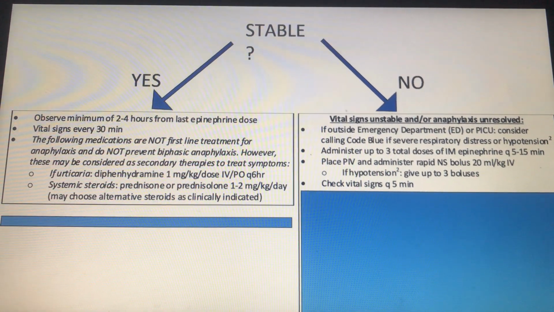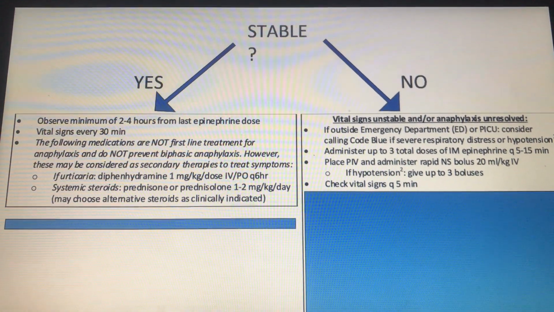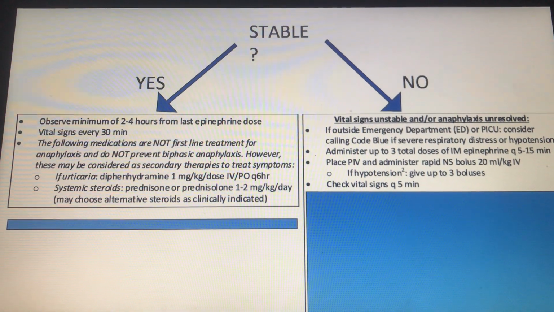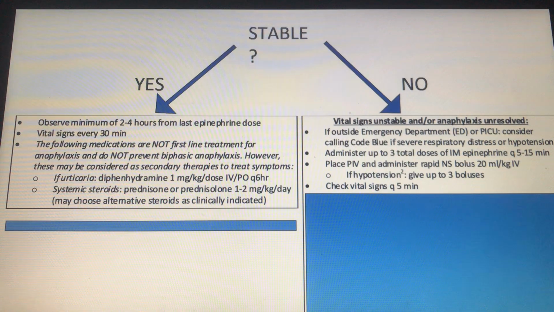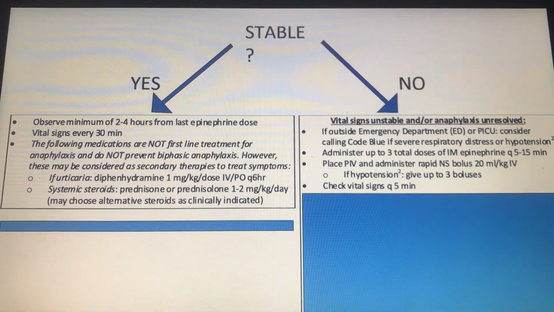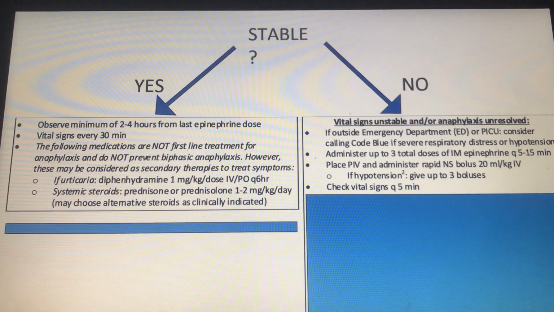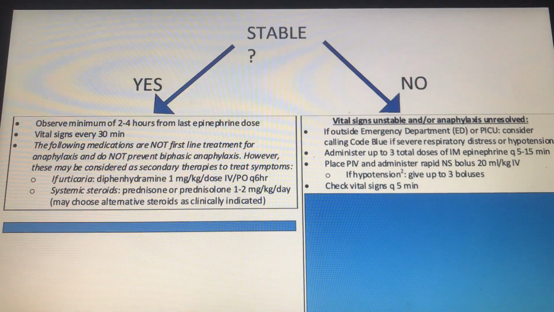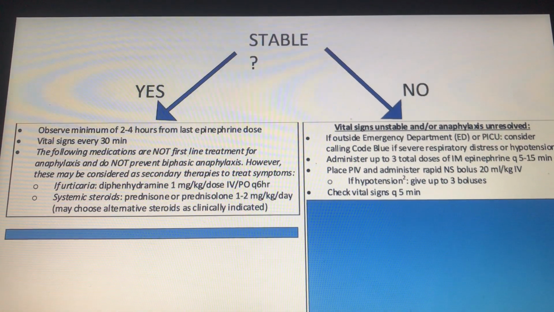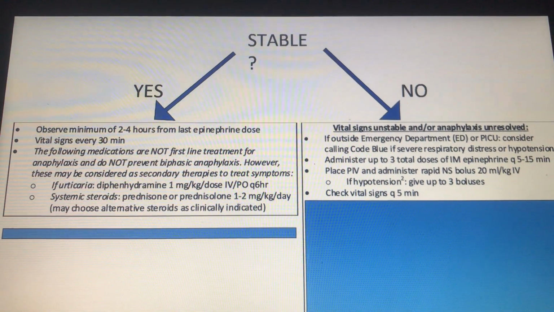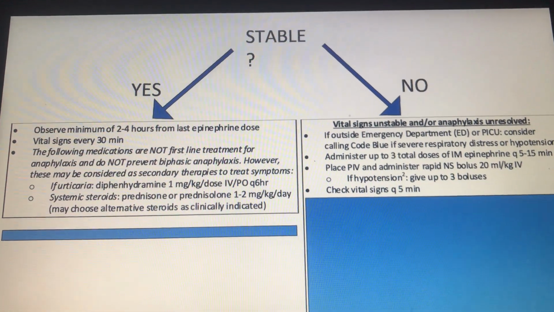So if unstable, they have to be on continuous monitoring. You can administer up to 3 doses of IM epinephrine, repeating every 5 to 15 minutes, and give a saline bolus for hypotension, maximum 3 boluses, and check vital signs.